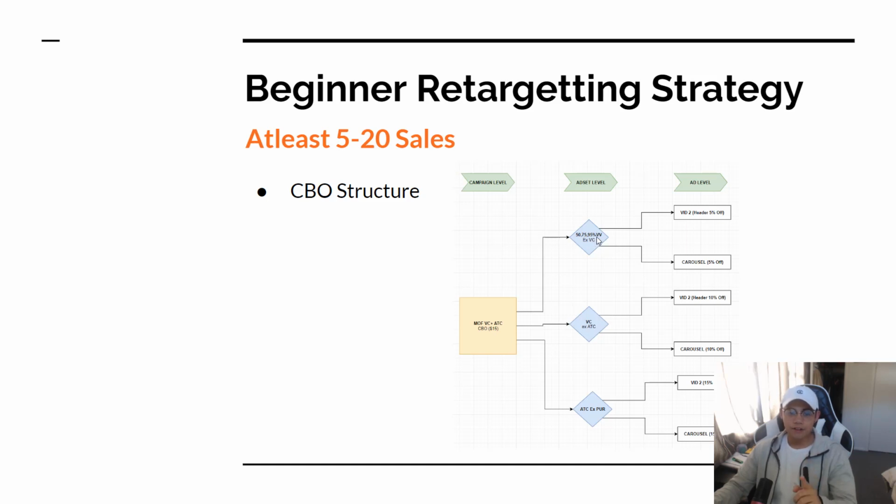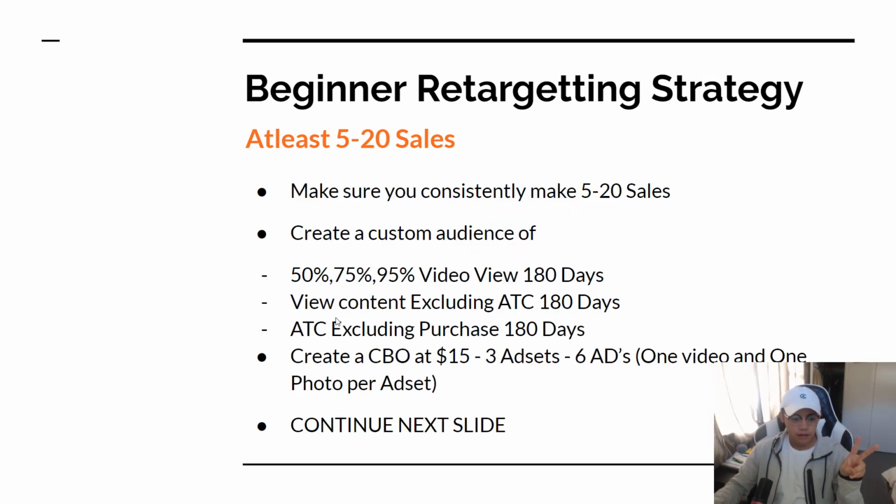and 95% video views. Okay, and then exclude people who viewed content excluding ATC. That's the second custom audience we made. This one, view content excluding ATC.